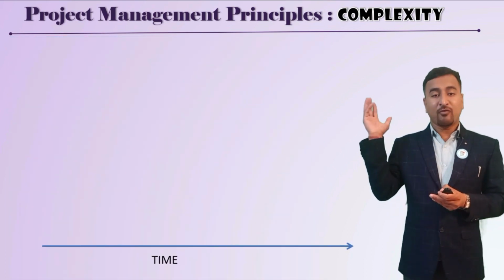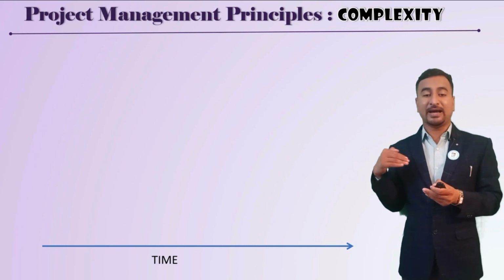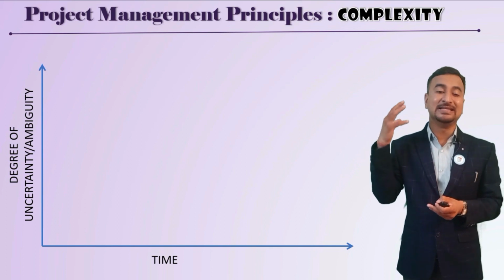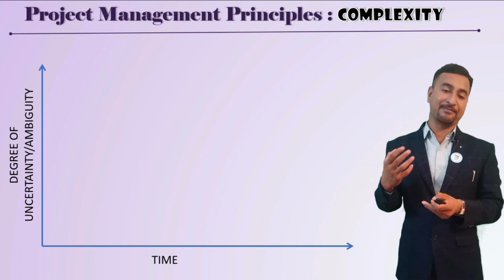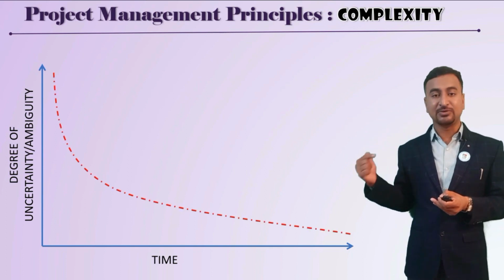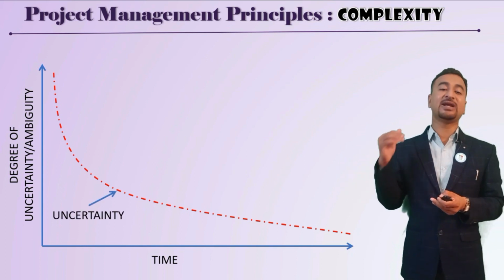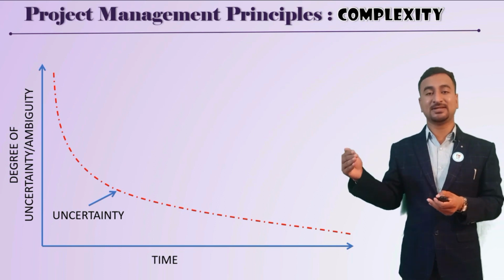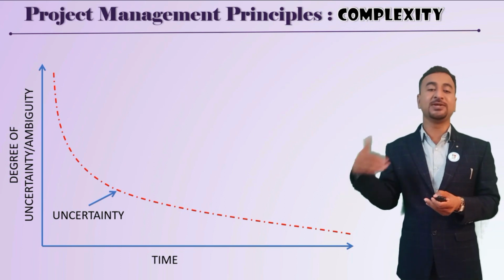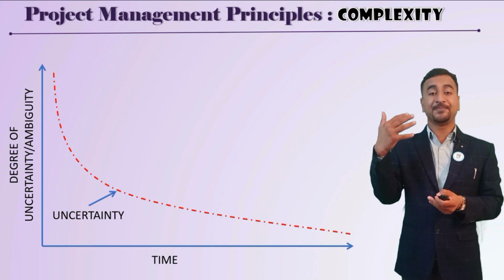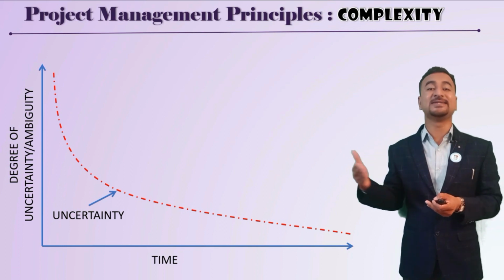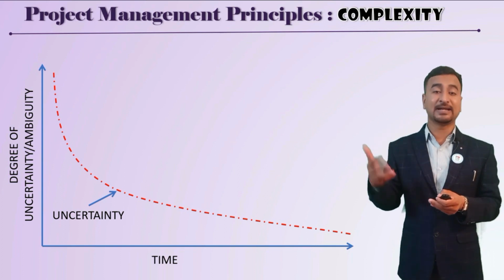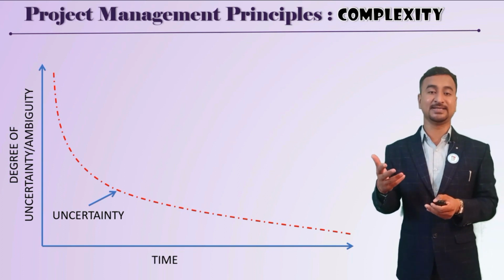If I wanted to explain this by a diagram, the x-axis is time and the y-axis is the degree of uncertainty or ambiguity. If you check the dotted red line, that indicates the uncertainty. In your project, as time passes from initiation to closing, you get more clarity. So your uncertainty is reduced when your project moves from initiation to closing because things get clearer and you get more certain things, right?